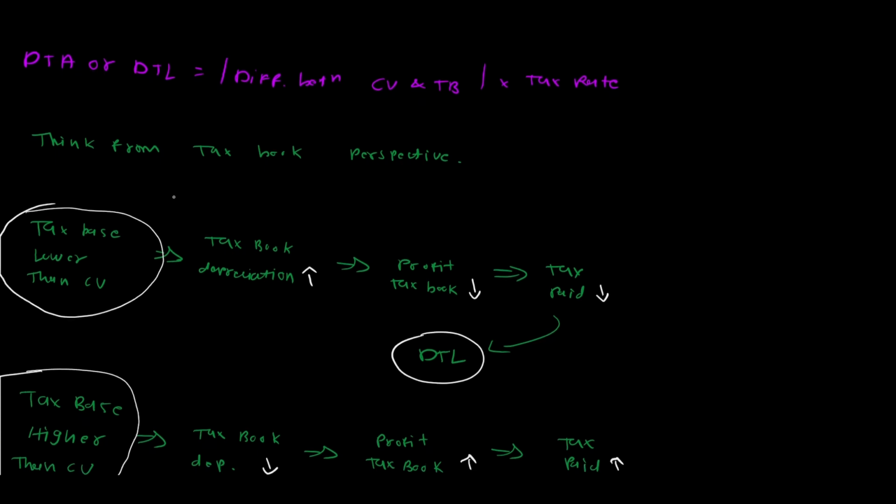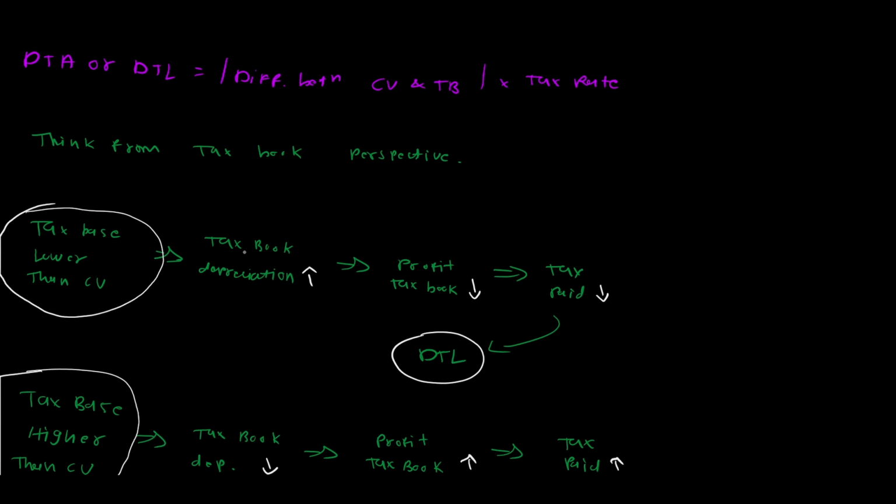We need to understand this flowchart. For example, if the tax base is lower than the carrying value, then my textbook depreciation will be higher, because my tax base is lower.